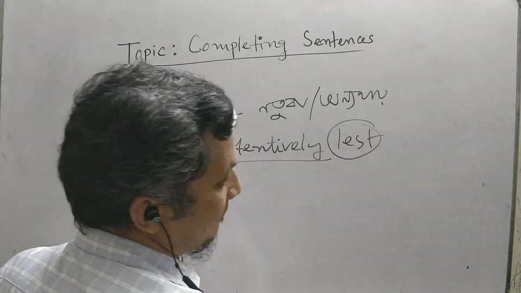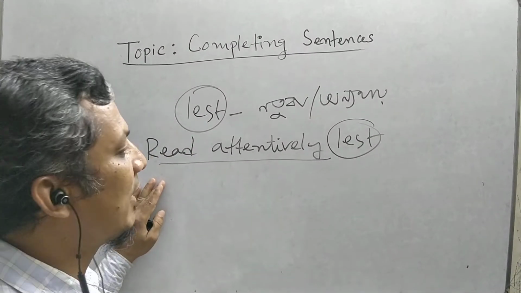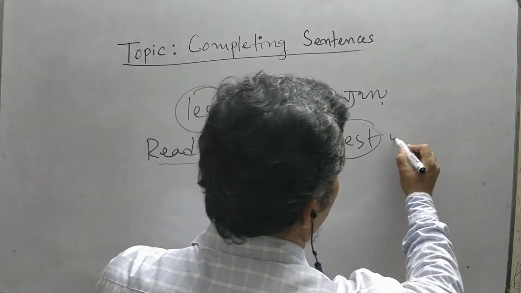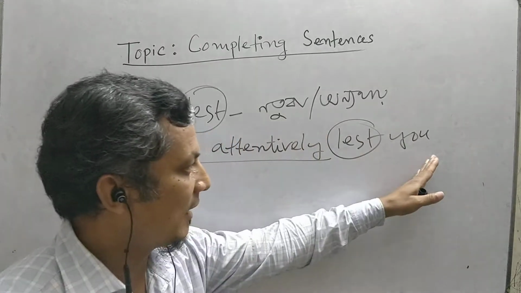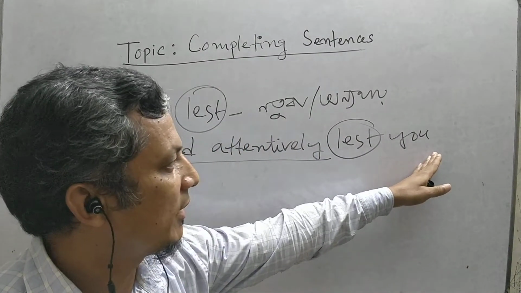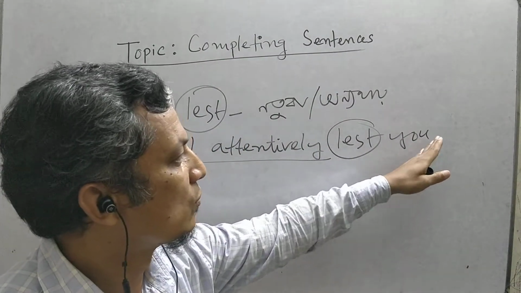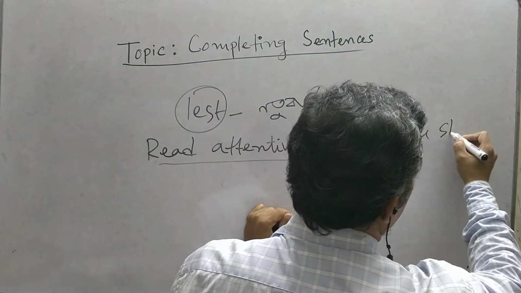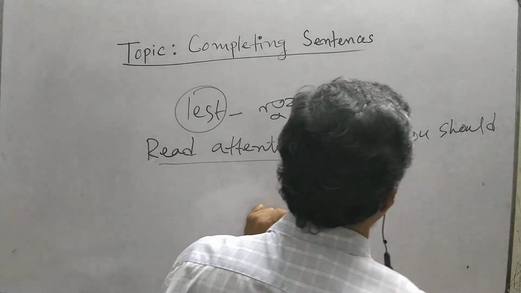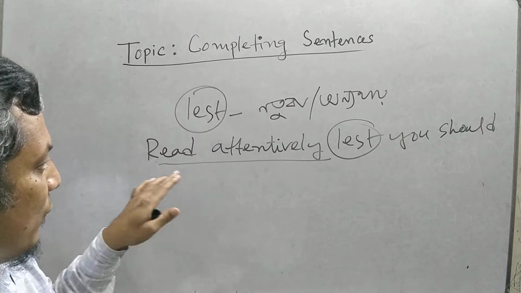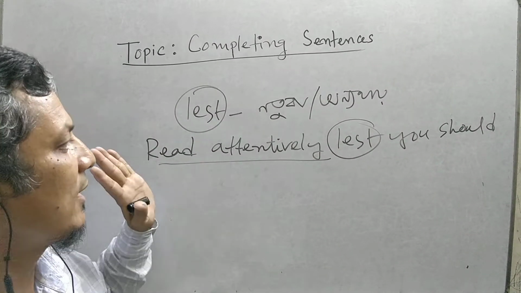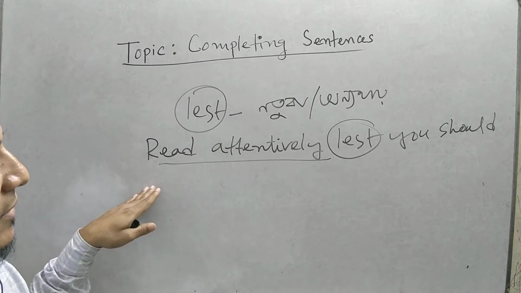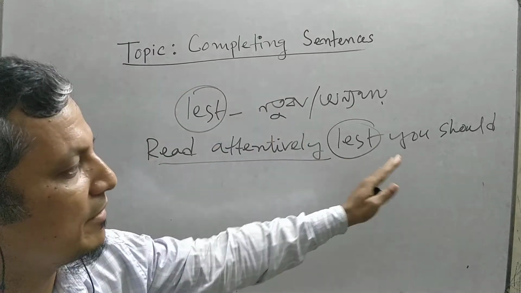After lest, you have to use a subject and a verb. Suppose: read attentively, lest you. Here you have to use a modal auxiliary: should, would, could, might. The best one is should. If we read attentively, we can pass the exam. But if we don't read attentively, the sense will be the same.